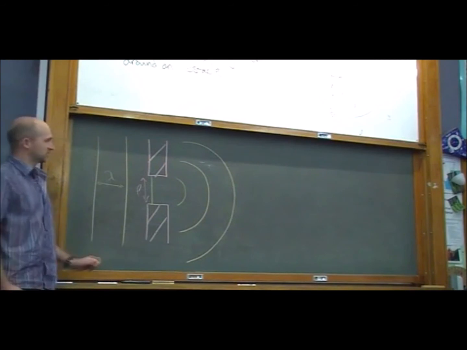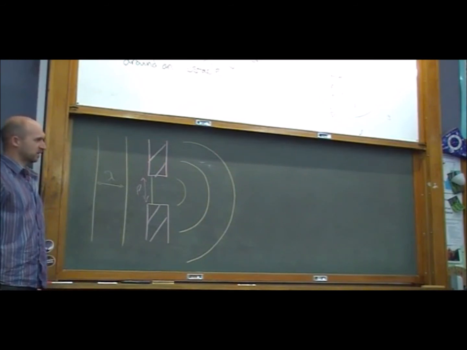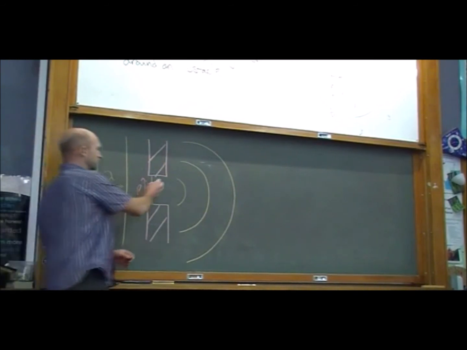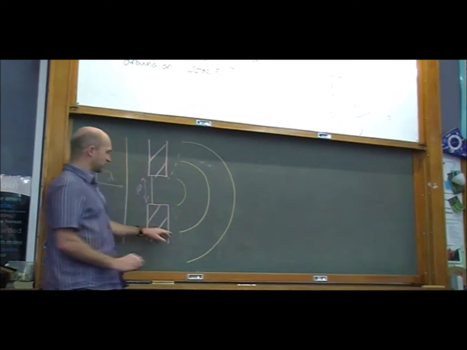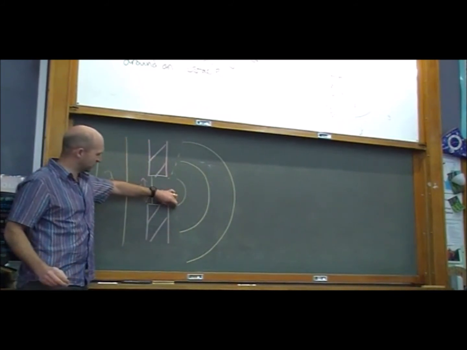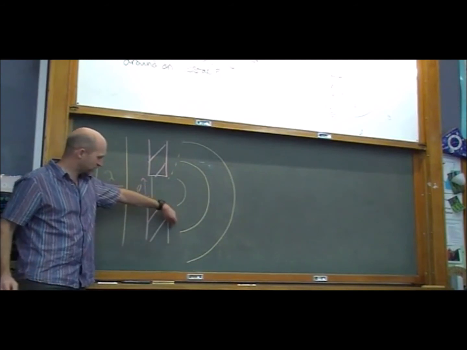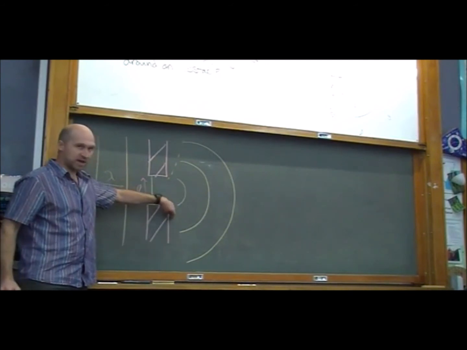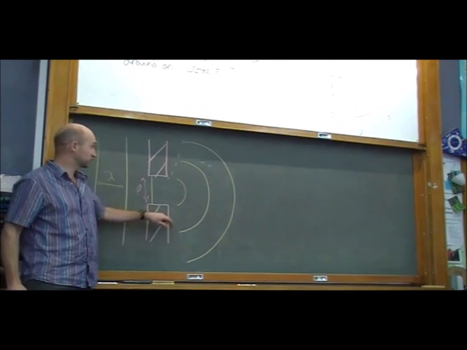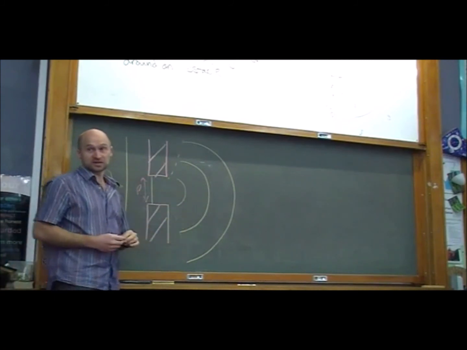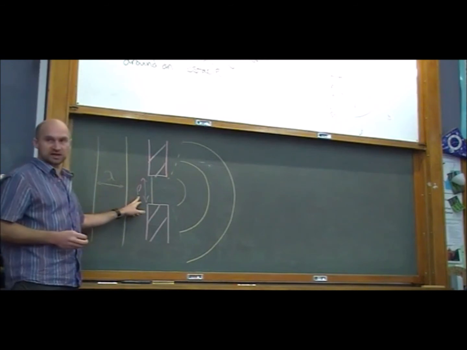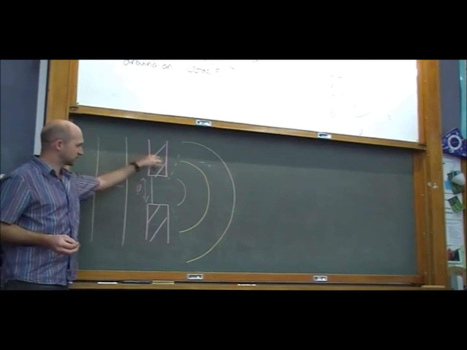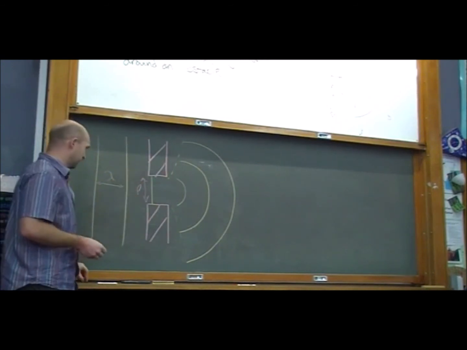It doesn't ever quite diffract through 180 degrees, like it doesn't ever quite travel along parallel to the edge of the obstacle, but it can get quite close to that. So when the wavelength is pretty similar to the gap, we get this beautiful concentric circle pattern.